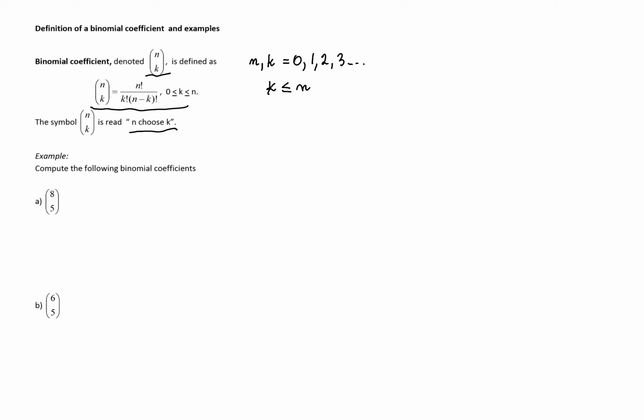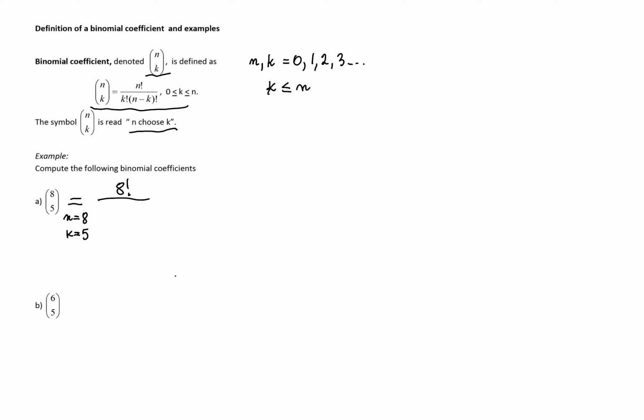Let's say we want to compute 8 choose 5. So here the value of n is 8 and the value of k is 5. The number on the top has to be always larger than or equal to the number on the bottom. According to the formula, we take the top number and take the factorial of that.